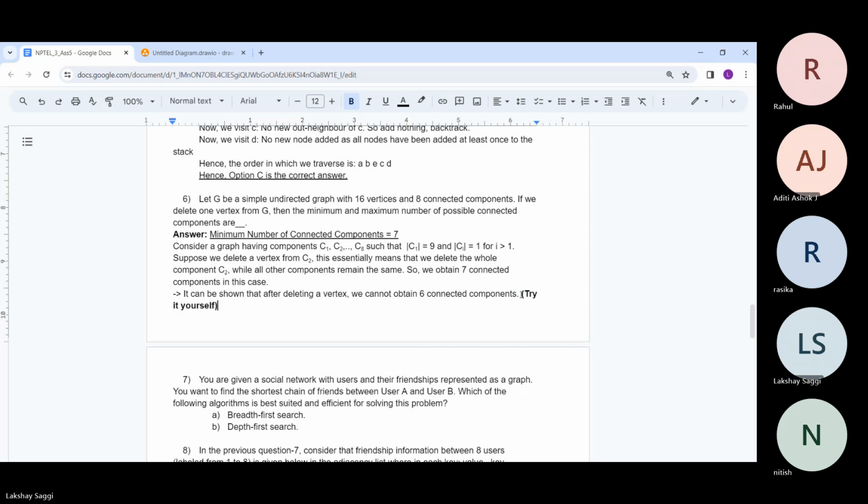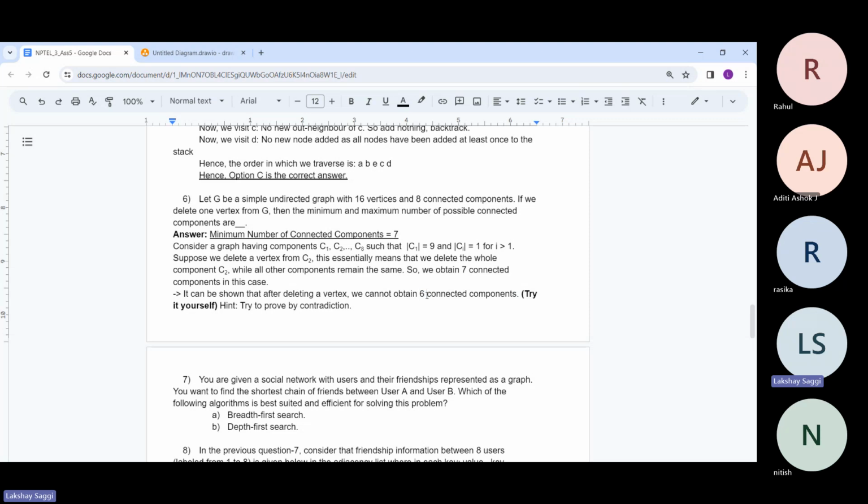The hint here is to try to prove by contradiction. Suppose there existed a vertex V on whose deletion we were able to obtain six connected components.